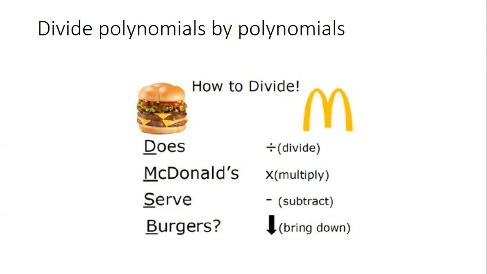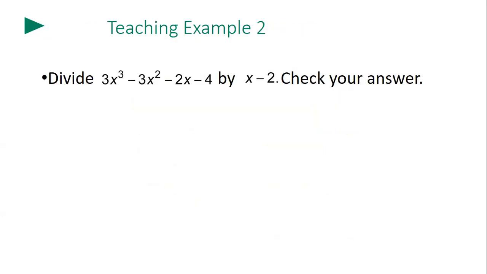Okay, so here we have a polynomial being divided by another polynomial. It's a polynomial because more than one thing is being added or subtracted, right? So we have 3x cubed minus 3x squared minus 2x minus 4, divided by x minus 2.